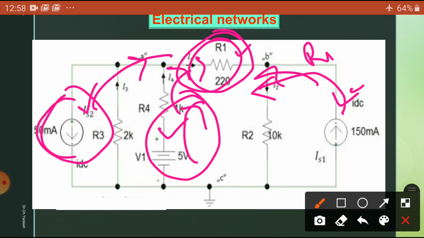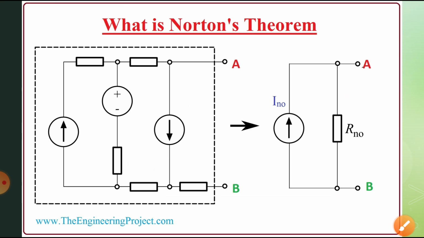So first, the basic idea of Thevenin's theorem, and this here is Norton's theorem.